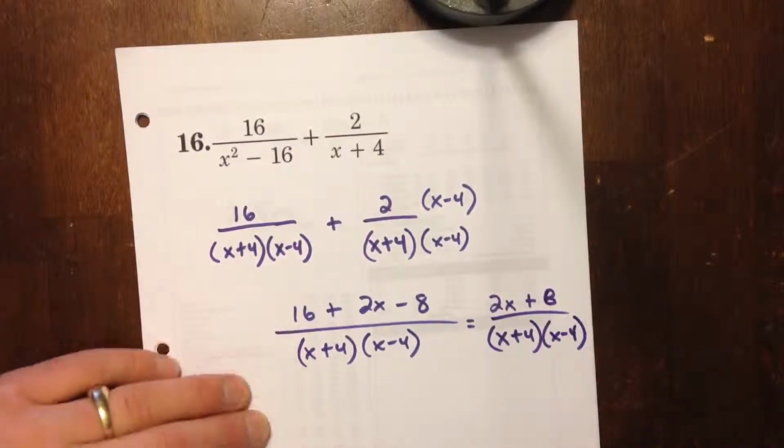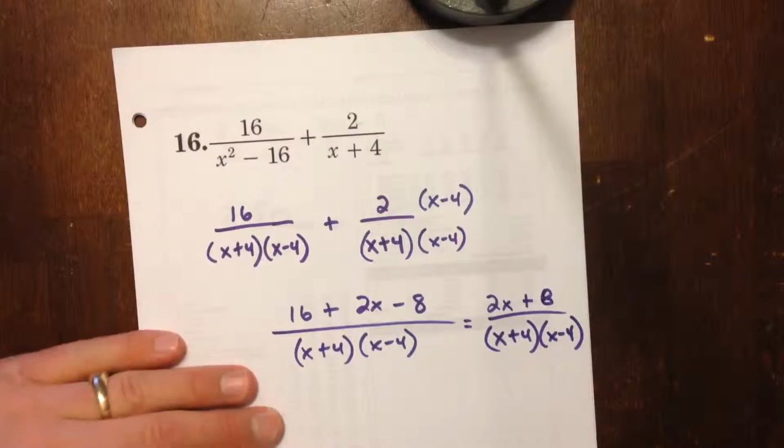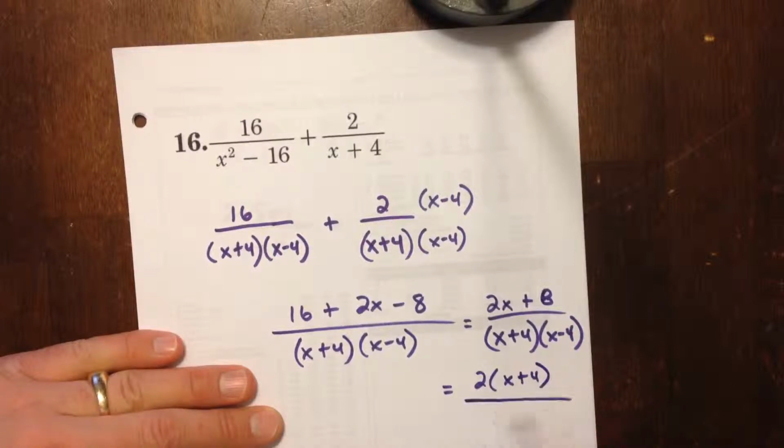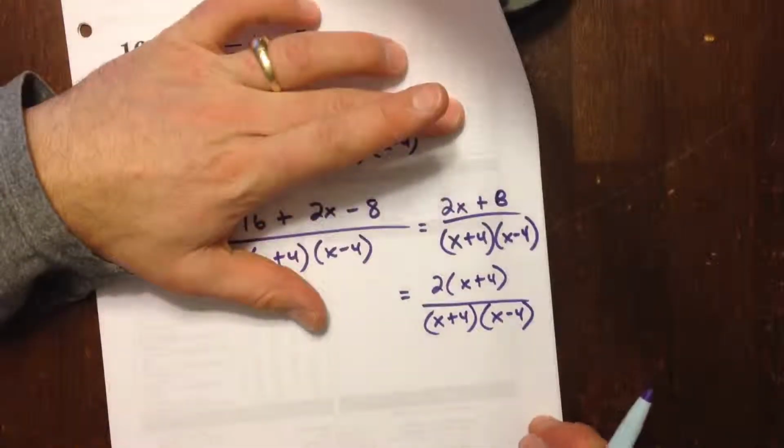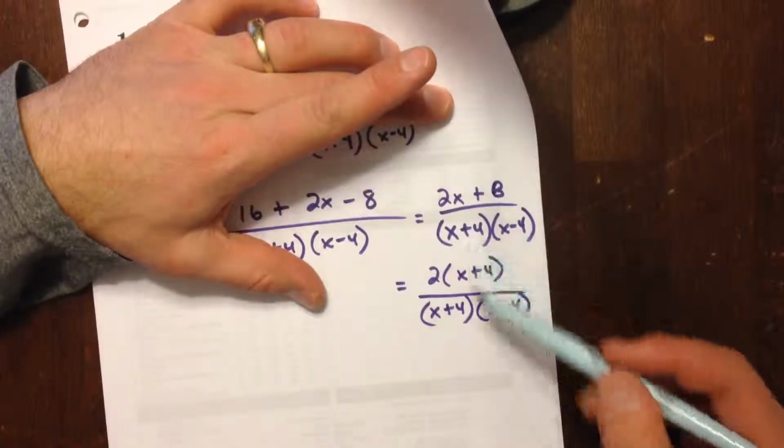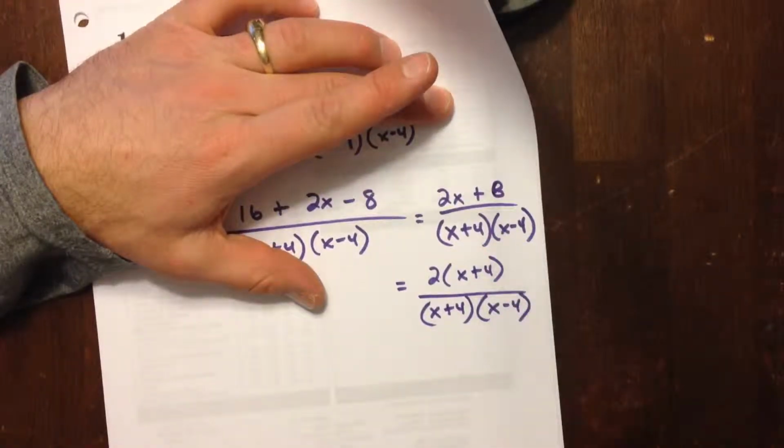Now you might think you're done, but we can factor out a 2 out of that top. And look what happens. So it matches up. Now we're in simplifying mode. And so this does happen sometimes. I know we were speculating this yesterday, whether sometimes you're going to have to simplify it further.